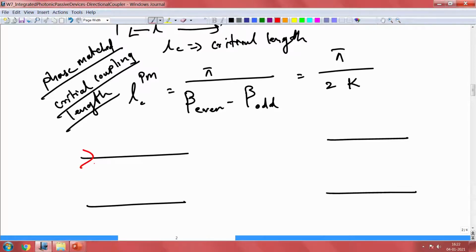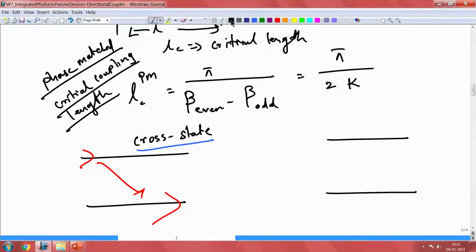I start with the wave here, and the wave goes to the other waveguide, from A to B, and this is called cross coupling or cross state.